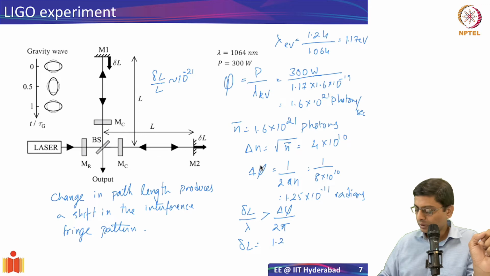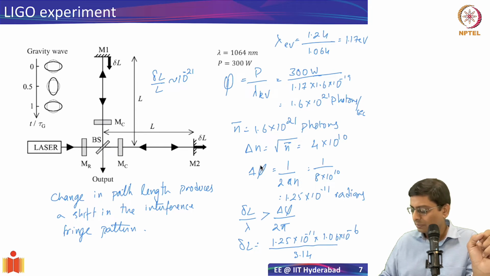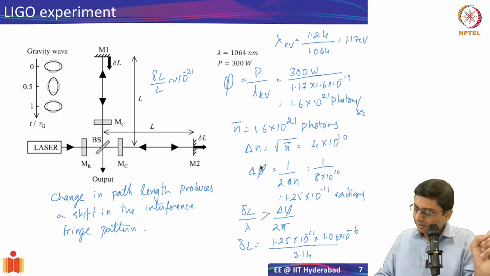Delta L is delta phi, 1.25 into 10 power minus 11, times lambda, 1.06 into 10 power minus 6, divided by 2 pi, which is about 6.28. Roughly it turns out to be something in the range of 10 power minus 18.